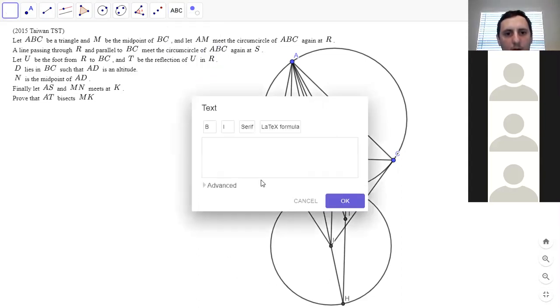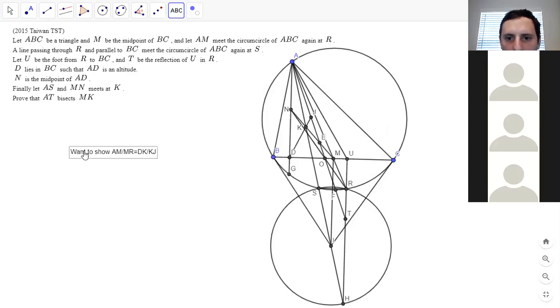It is sufficient to prove. Okay, so we want to show... it's so hard to get that.